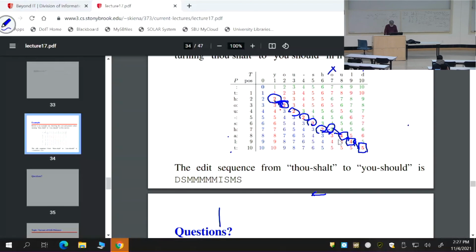To get TH into a Y, I can delete the H, that will get me out here, and now I've got a T and a Y, I can do a substitute. Does everybody see that the path back in this matrix defines the sequence of edit changes of the optimal alignment between the two strings? Any questions about that?